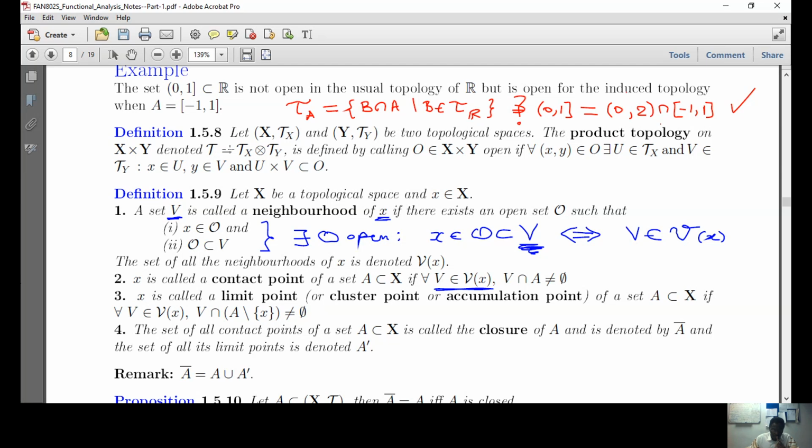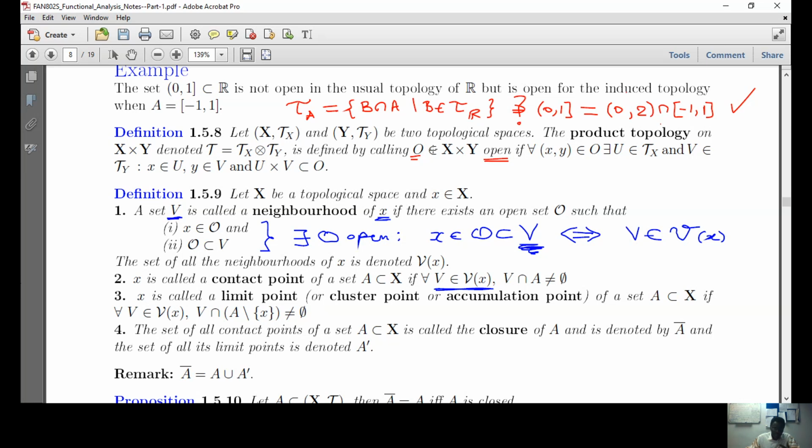So the open sets of that topology, that is O here, is said to be open. You can see now here, open, if this O is not an element.